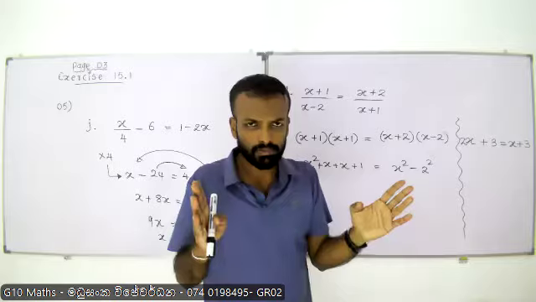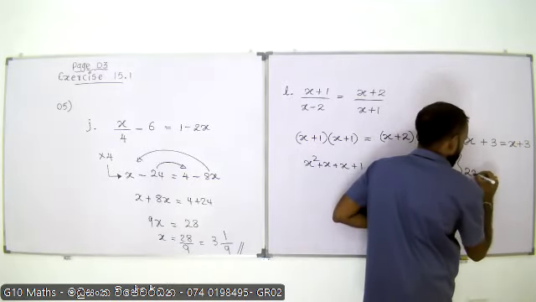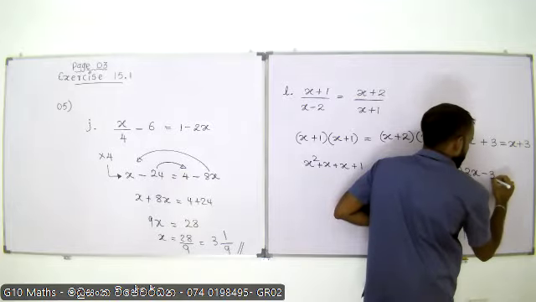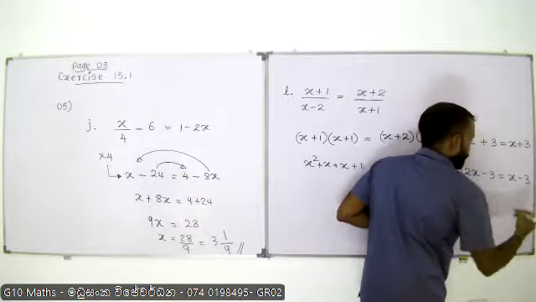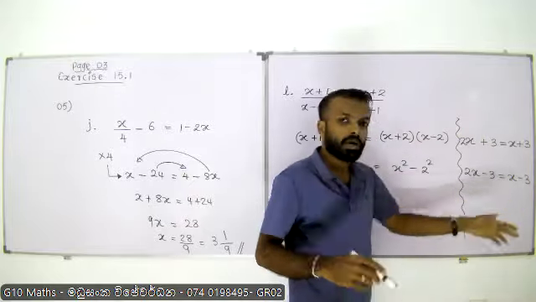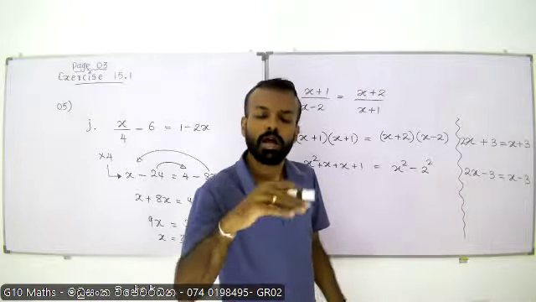Same logic applies. Now, for an example, I will take the other way around: 2x minus 3, x minus 3. Not only numbers, but also algebraic expressions or algebraic terms.